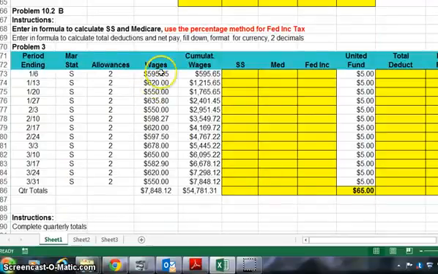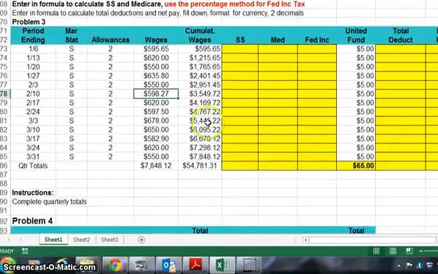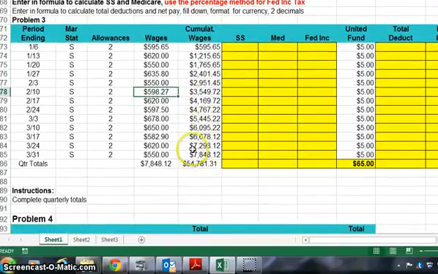And just a note right here on 10.2b, you'll see wages here, and then you'll see cumulative wages. When you calculate your Social Security amount, be sure to use the wage amount. Do not use the cumulative. The cumulative is used for other purposes so that the employer knows how much he's paid each given employee. This becomes important when the employer has to pay unemployment, because the unemployment is based on a certain cap for each employee in each calendar year.